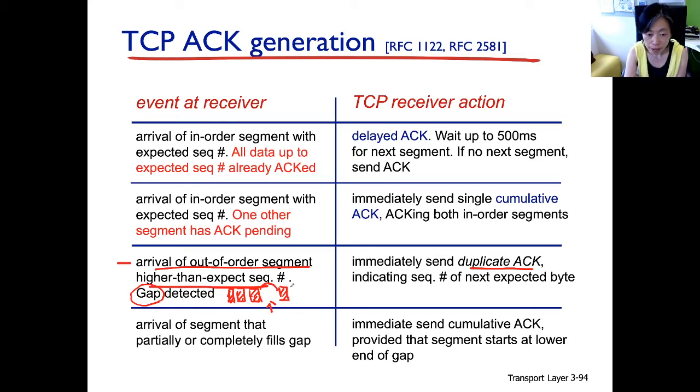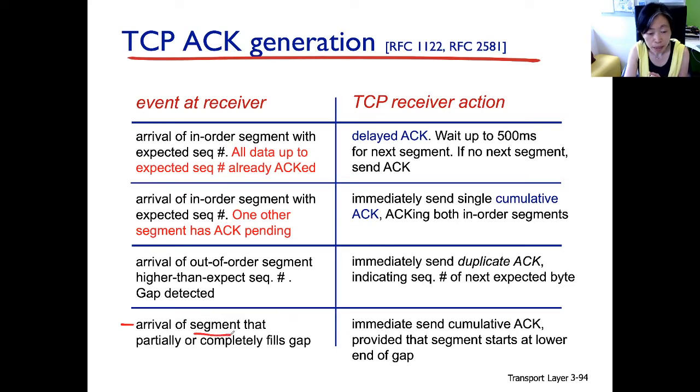So there's a gap in the sequence numbers of the packets received. In that case, upon receiving such an out-of-order segment, upon detecting a gap like this, we send a duplicate ACK, the old ACK that has been generated before. This ACK is then carrying the sequence number of the latest packet received in order. The last event is this, related to the gap we might see in TCP's receiver.